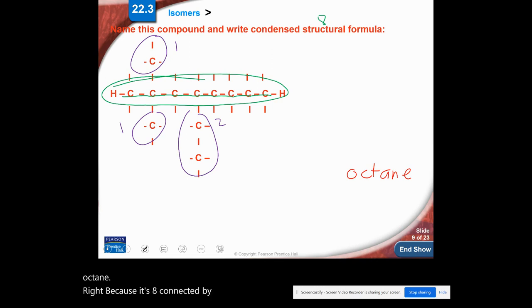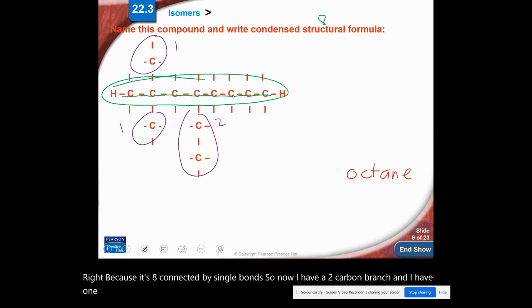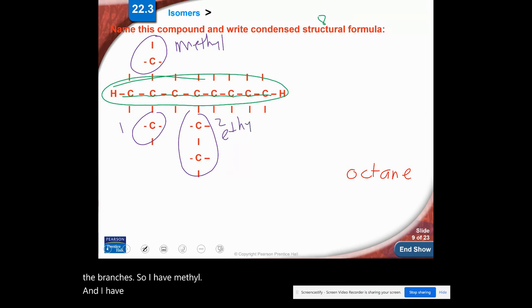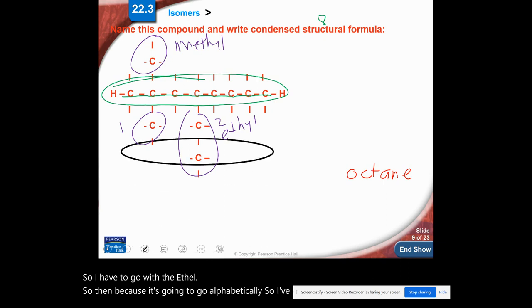So now I have a 2 carbon branch and 1 carbon branches. Let's go back to purple because I want to use that for the branches. I have methyl and I have ethyl. I have to go with the ethyl first, because it goes alphabetically: ethyl comes before methyl.